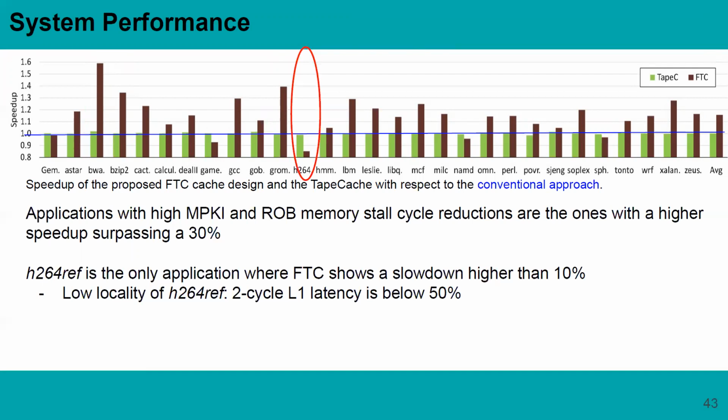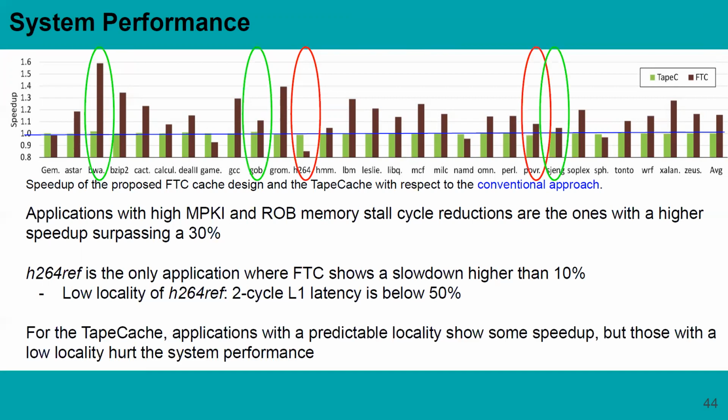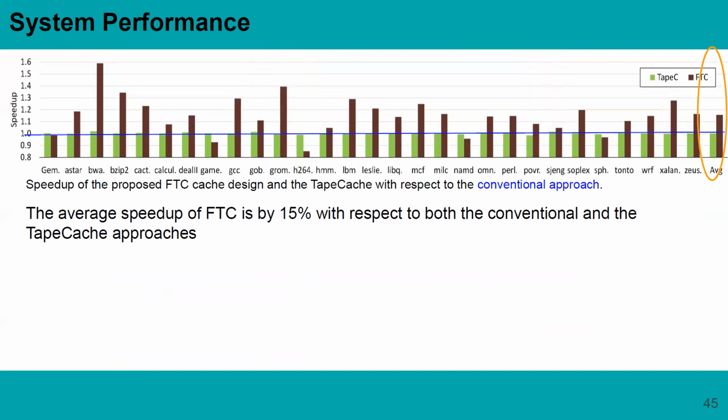This is due to the low locality exhibited by this application, where the two-cycle L1 latency is less than 50%. For the tape cache, results are similar to those reported in the original paper, where applications with a predictable L2 access pattern showed a speed up, but those with a less predictable pattern hurt the performance. In summary, the average speed up of FTC is 15% over the conventional and tape cache designs.